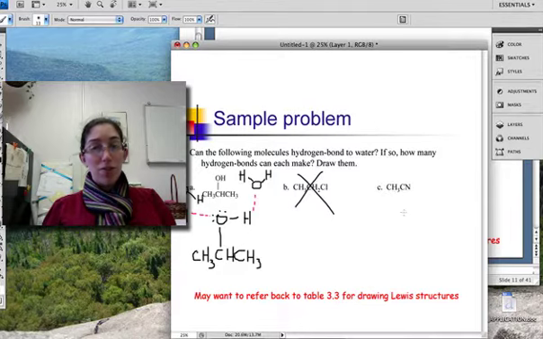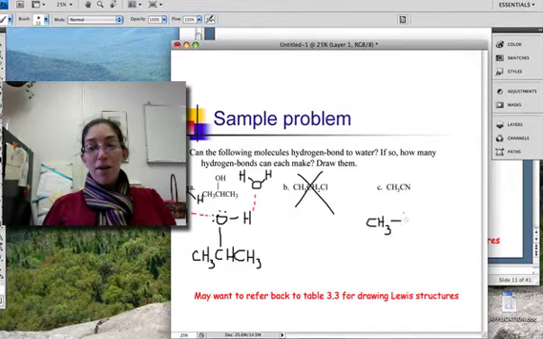How about this one? Is there an oxygen, nitrogen, or fluorine? Yes, there is. Let's draw this molecule out. We have to draw the Lewis structure of this molecule. And it's not exactly straightforward. If you need practice drawing Lewis structures, go back to Chapter 3 in review. So carbon has 4 arms, right? It looks like this.